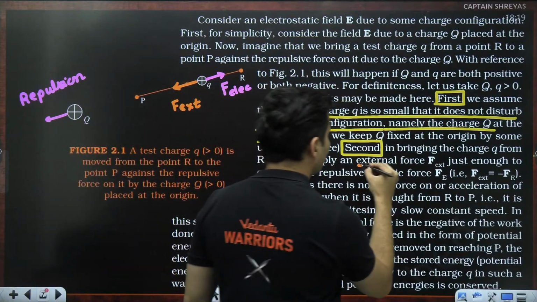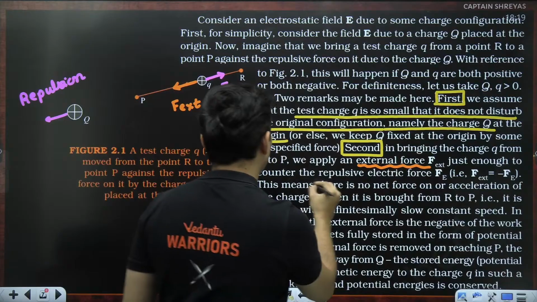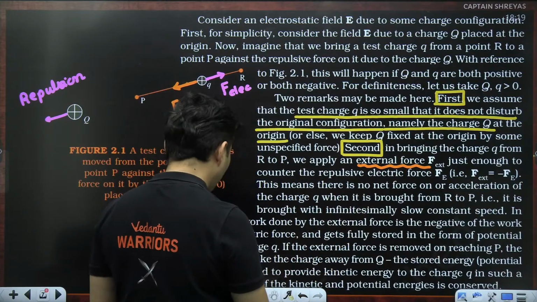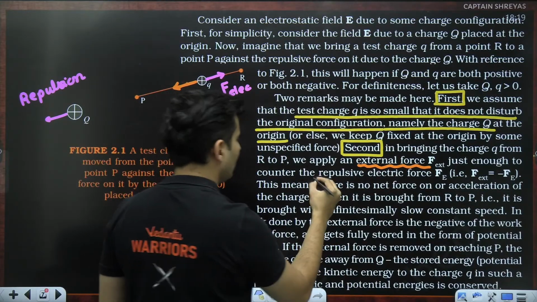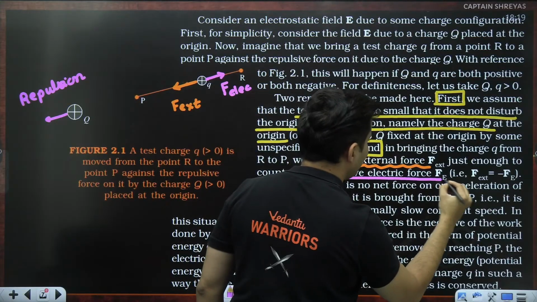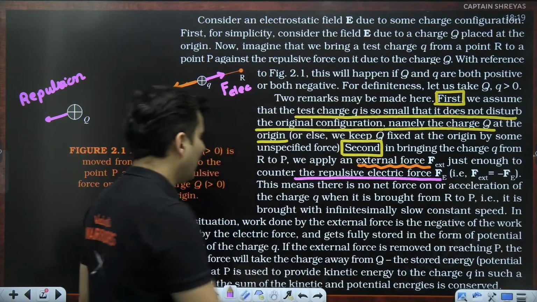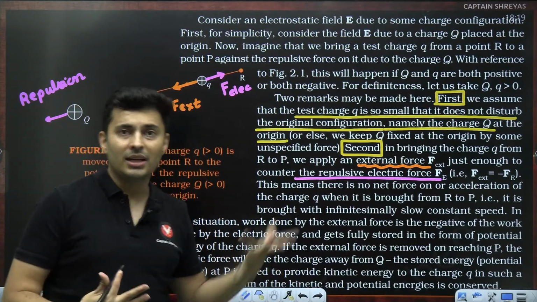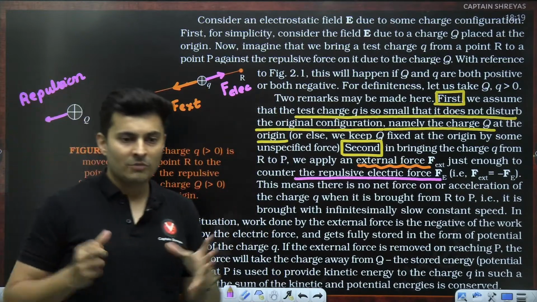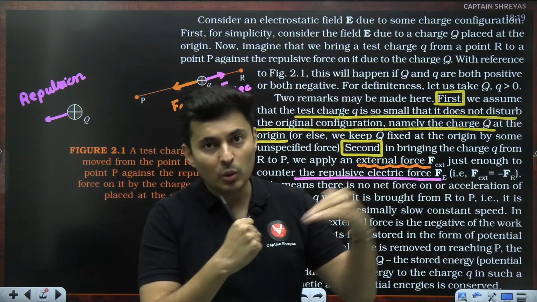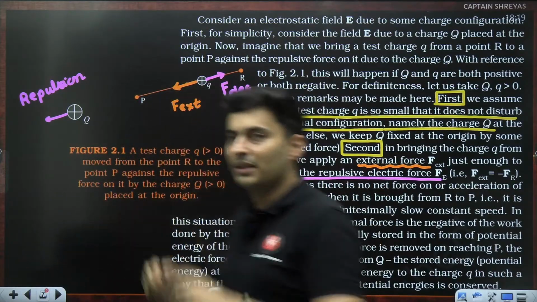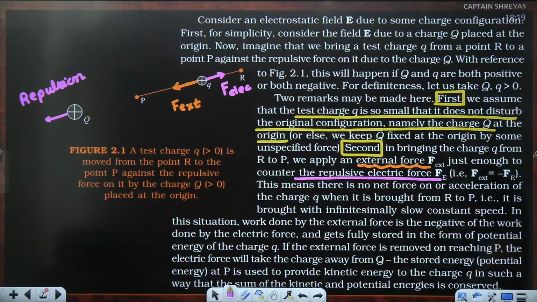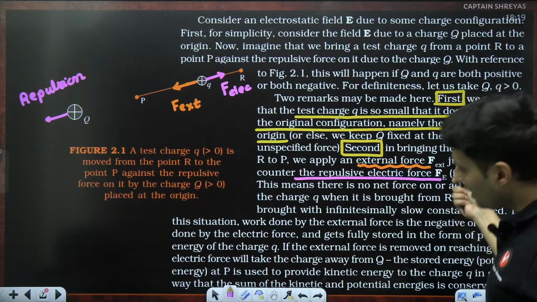The external force is just enough to counter the repulsive electric force, so that you will be able to bring this charge from here to here. If it is not, you cannot bring that charge. Whatever repulsion you are experiencing, you have to counter it, only then you can bring it. That is what it is saying. This means there is no net force or acceleration on the charge. When it is brought, it's fine.